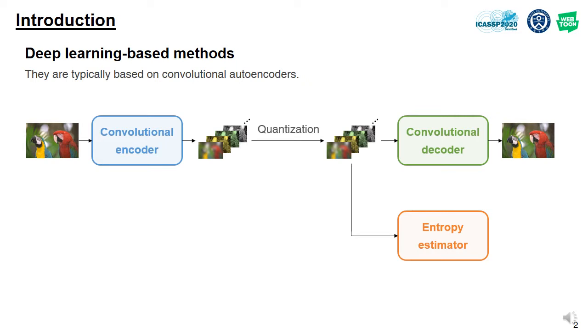The convolutional decoder reconstructs the image and then the loss related to distortion is measured by using MSE or something.